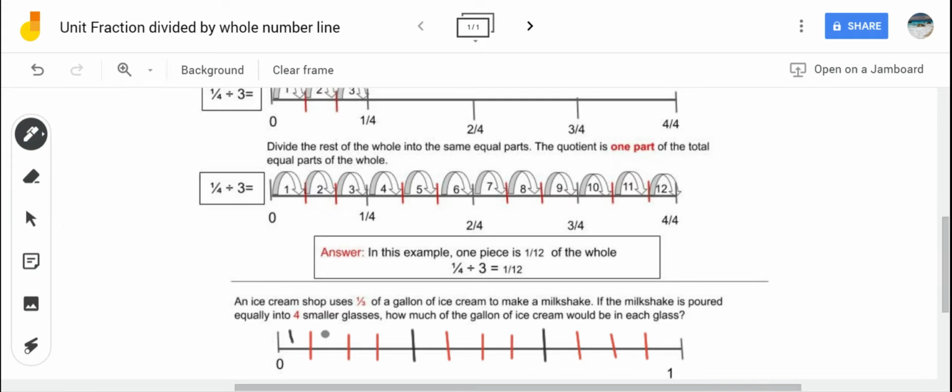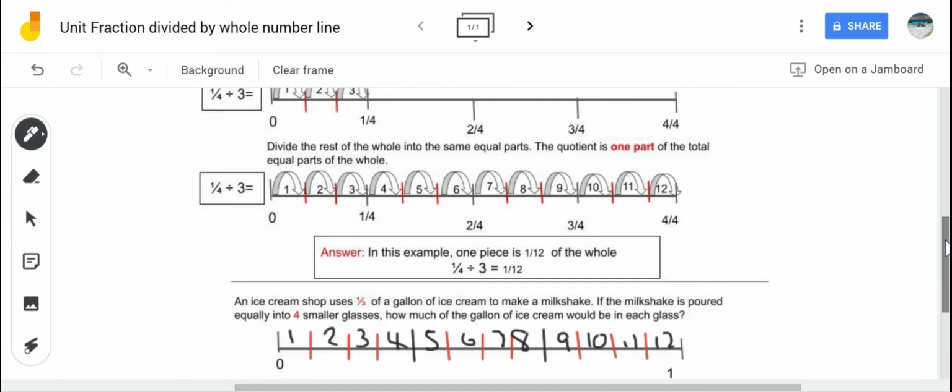One, 2, 3, 4 in one section, 4 more in this section. And I have a total of 12 equal parts.